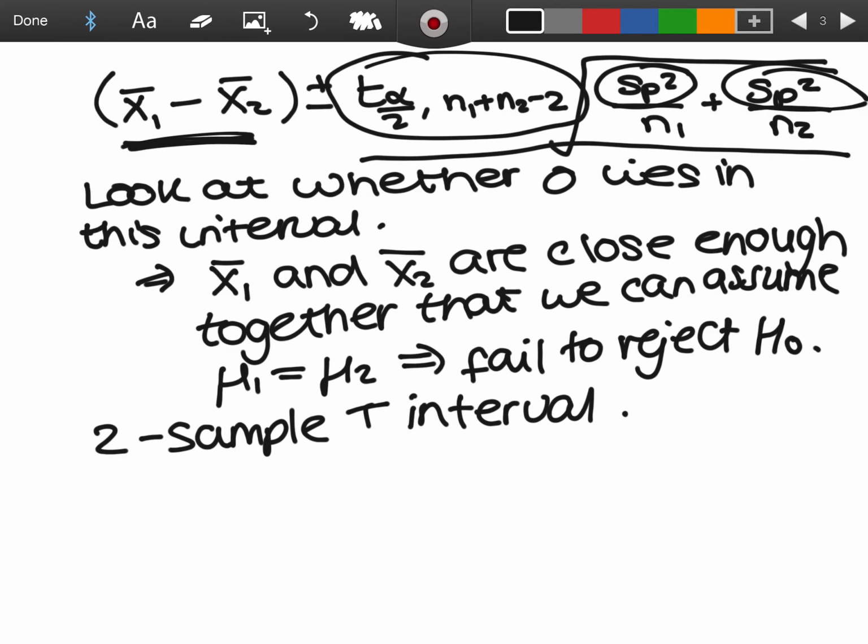So in that case, you're going to reject the null hypothesis if it falls outside. So that's 2 ways of conducting this hypothesis, depending on whether you want the population standard deviations to be equal or not. Okay, but it will tell you that in the problem. But it's all conducted either by just doing a 2 sample t test or by doing a 2 sample t interval. If you have a 2-sided alternative, you can do that 2 sample t interval. It's up to you.